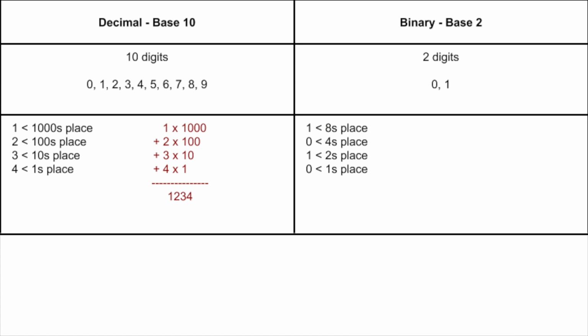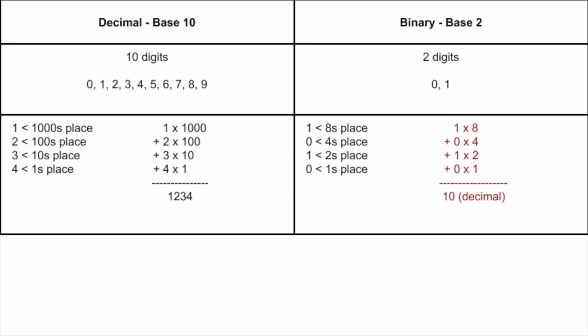So with decimal, if we have this number, it is 1 times 1000 plus 2 times 100 plus 3 times 10 plus 4 times 1. So if we just multiply each of the digits by its place and add them all up, we'll get the number, which in this case is 1234.